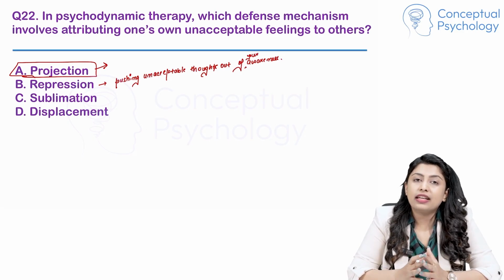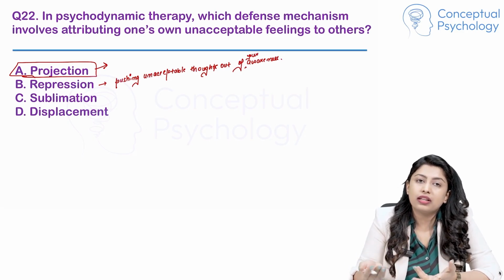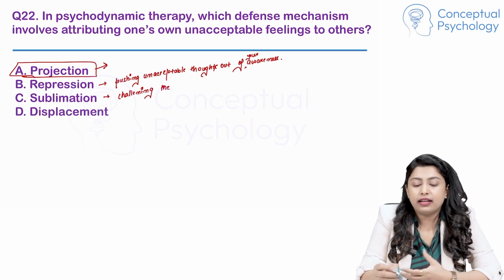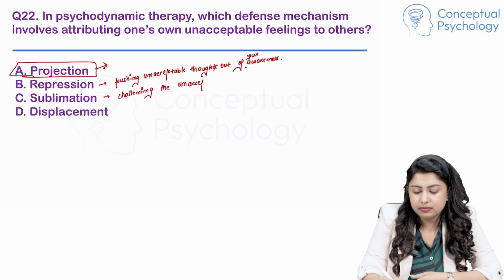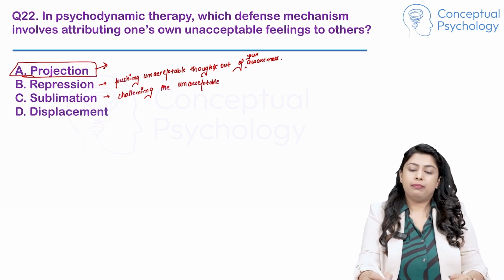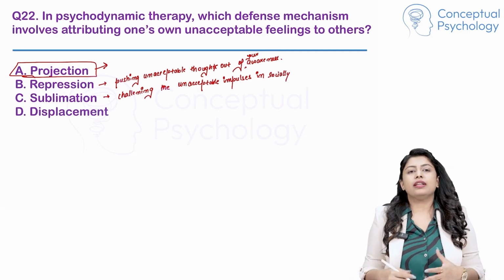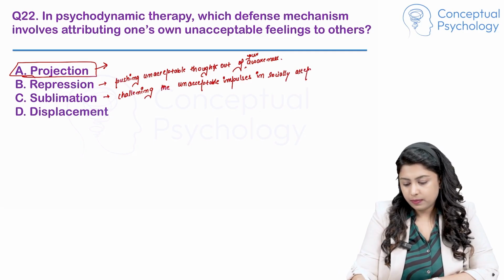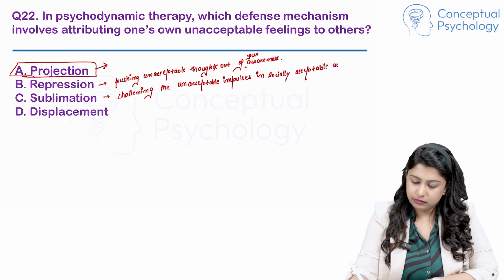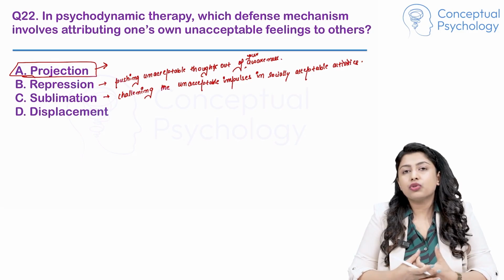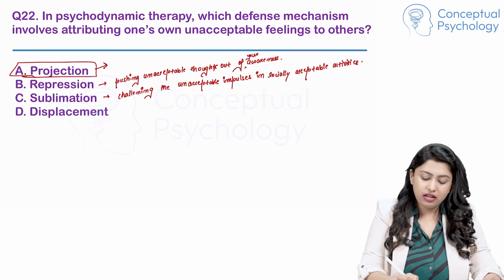Sublimation is channeling the unacceptable impulses into socially acceptable activities. Displacement is redirecting the emotions from the original target to a safer substitute.